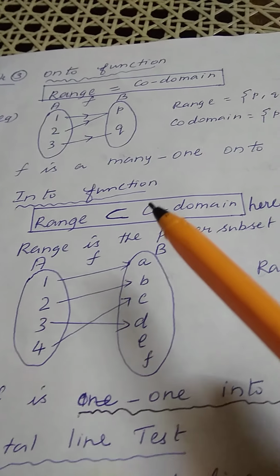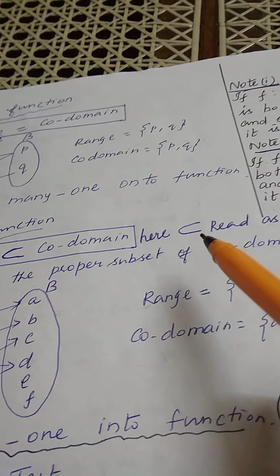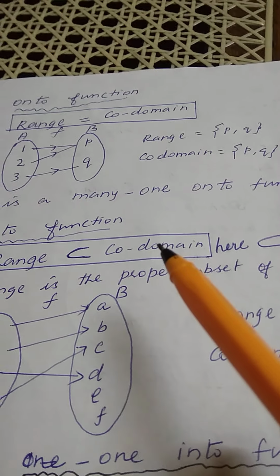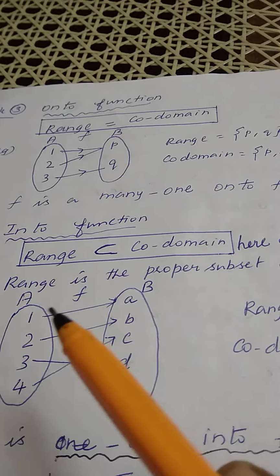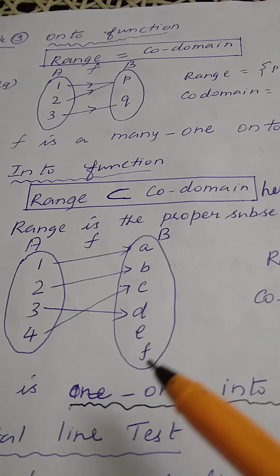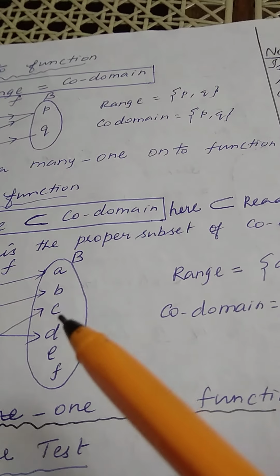Next is into function. If range is a subset of codomain, this is read as subset. That means there are more elements in codomain than in range. Take an example: elements of A are 1, 2, 3, 4. Elements of B are A, B, C, D, E, F. What is the range here?